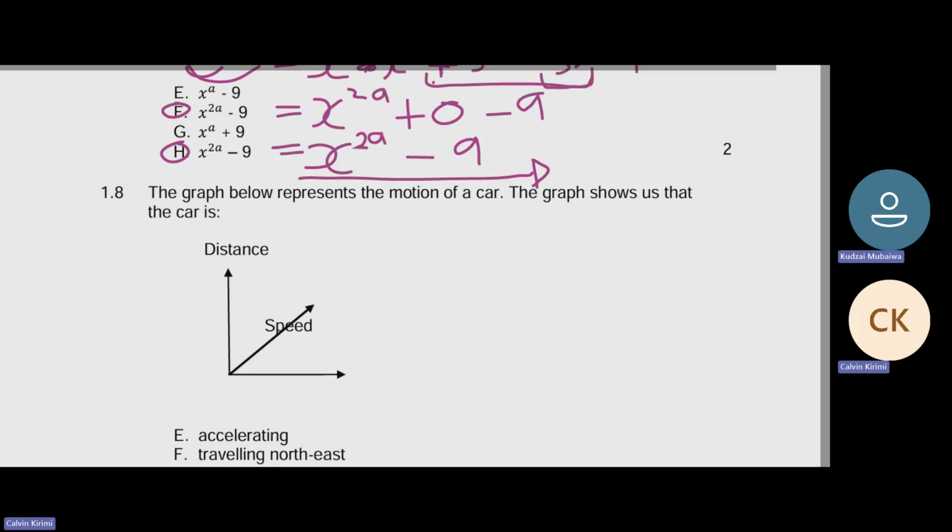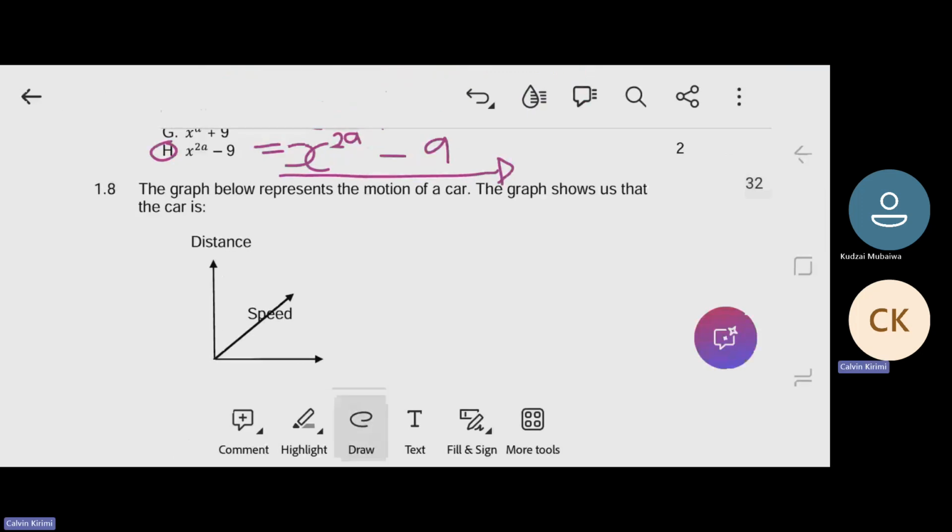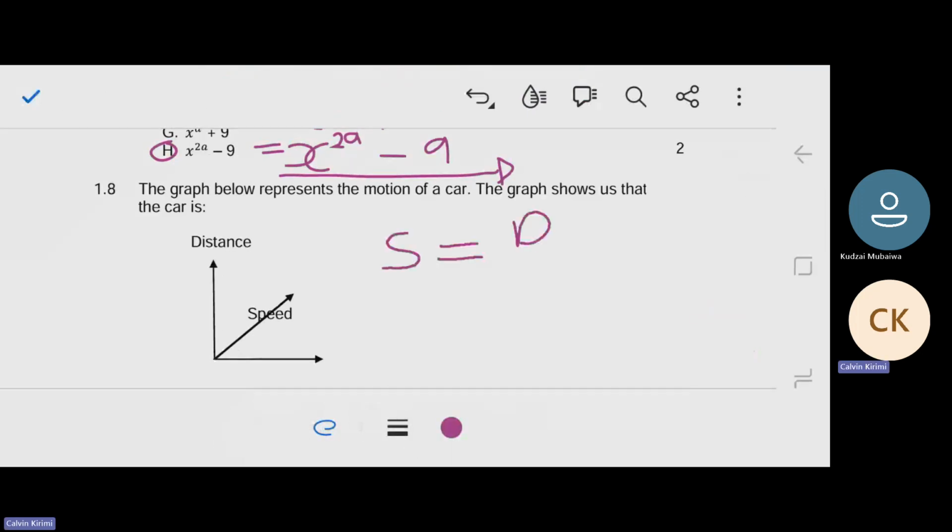Previously I told you about speed. That speed is equal to distance over what? Time. Over time. So whenever your speed is increasing, like in this case, you can still see the slope, the distance covered, and the speed.